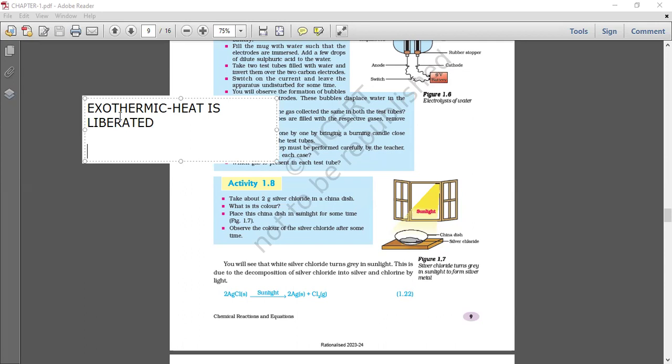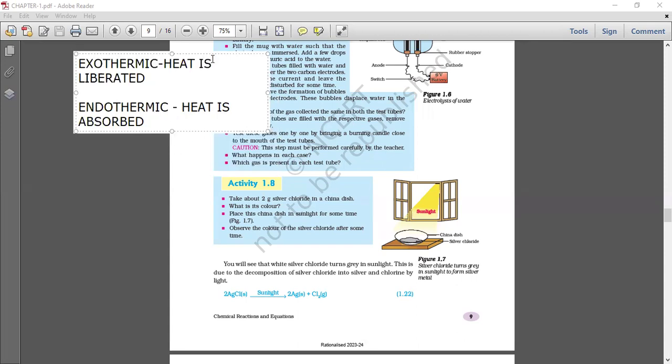From activity 1.8 onwards, we study endothermic reactions. Endothermic reaction means that in a chemical reaction, heat is absorbed. Such reactions are known as endothermic reactions.